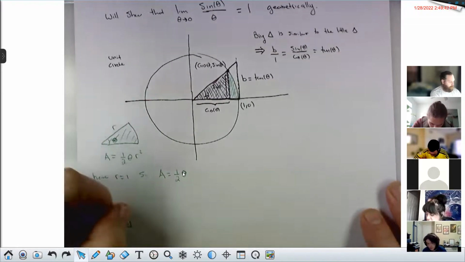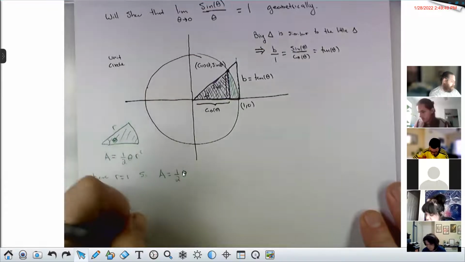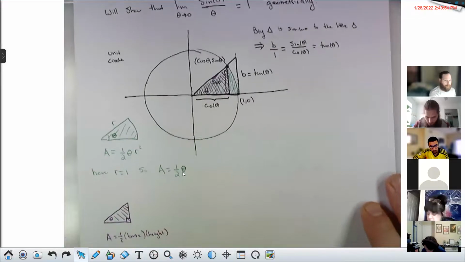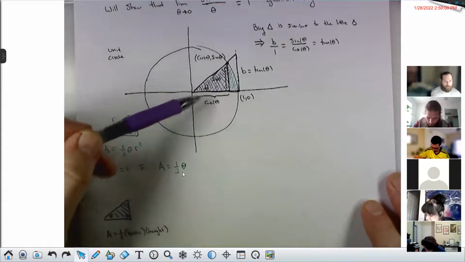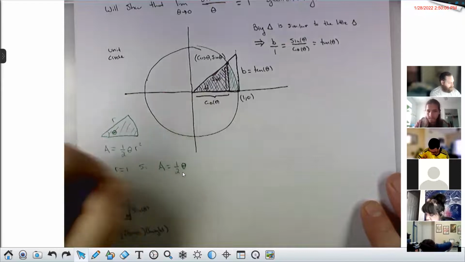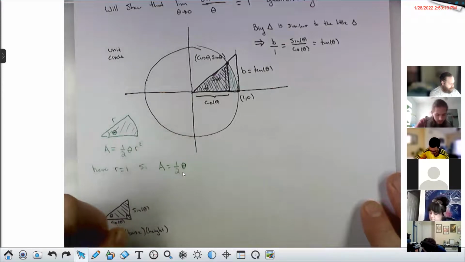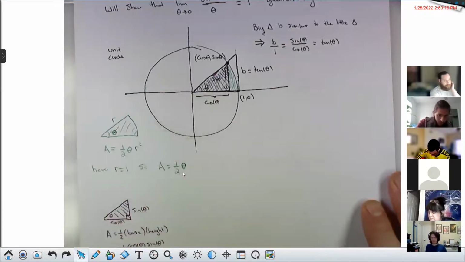as with all triangles, is 1/2 base times height. And the base of that purple triangle is cosine theta. The height of that purple triangle is sine theta. So that area is 1/2 cos theta sine theta.